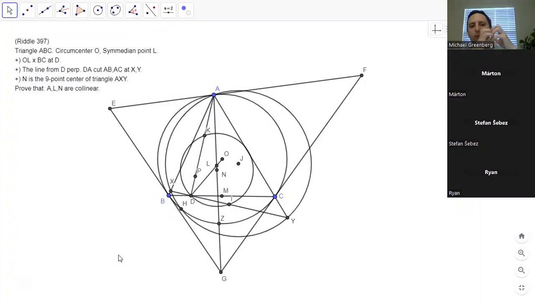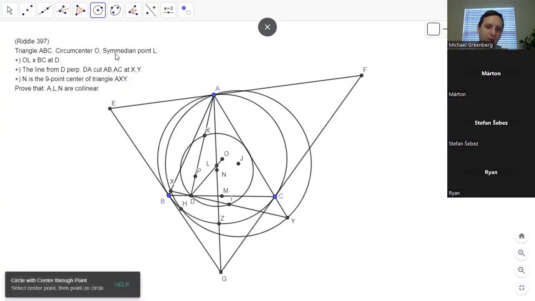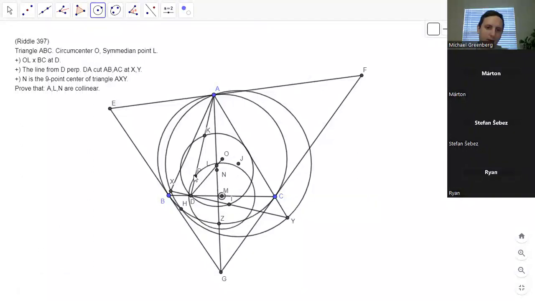Yeah, I kind of like that. That's a good way to phrase it. We want to show AM is a symmedian of APJ. And I wonder, does MP equal MJ? I don't think so. It doesn't, but I'll check.